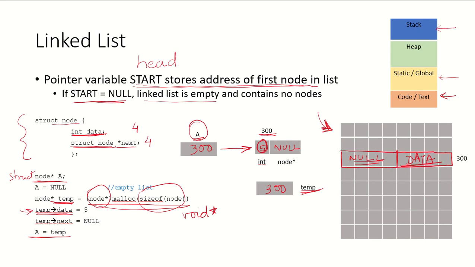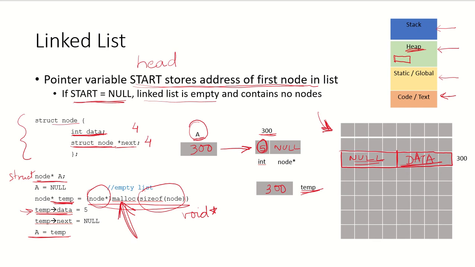We have a stack, which is used for function calls and to keep the local variables, and we have a heap where space is used for all the dynamic memory allocation. So whenever we are creating these nodes using malloc, which is dynamic memory allocation, the nodes are being created in this heap.